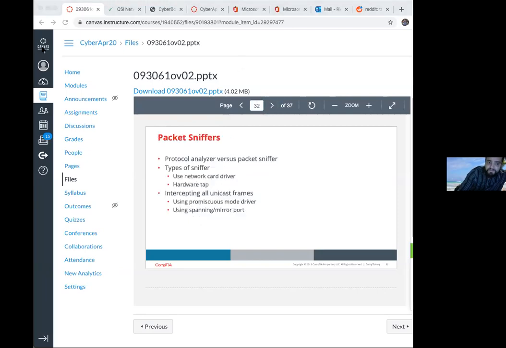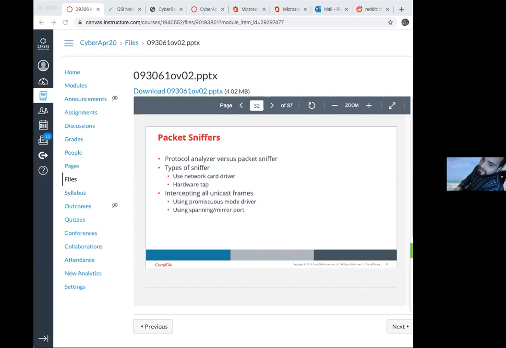All right, packet sniffers. So a packet sniffer versus a protocol analyzer. A packet sniffer is used to support a protocol analyzer. It allows us to get all the packets that come out, right? A sniffer captures the frames that are moving over a network, whether it's cabled or wireless.